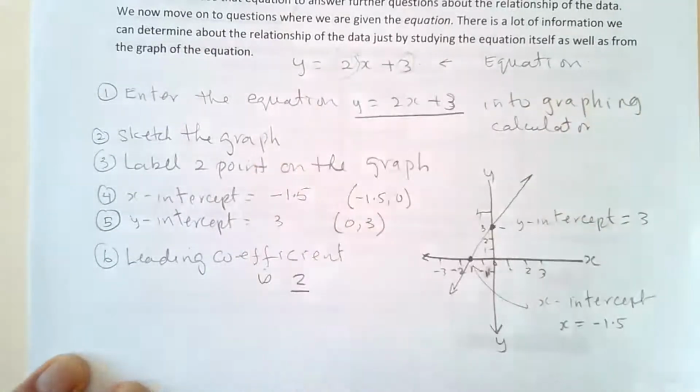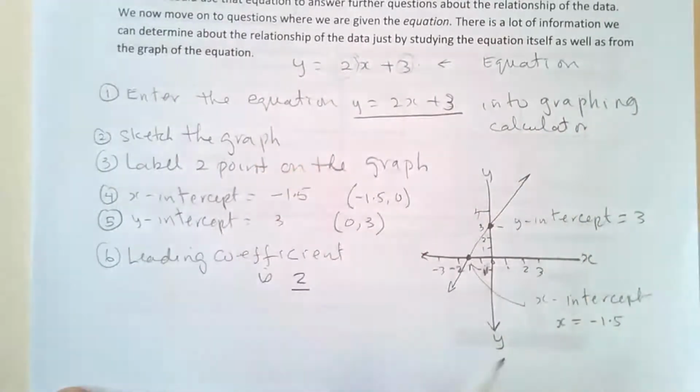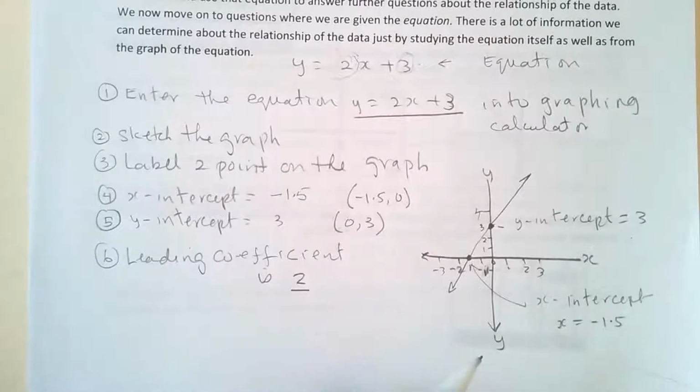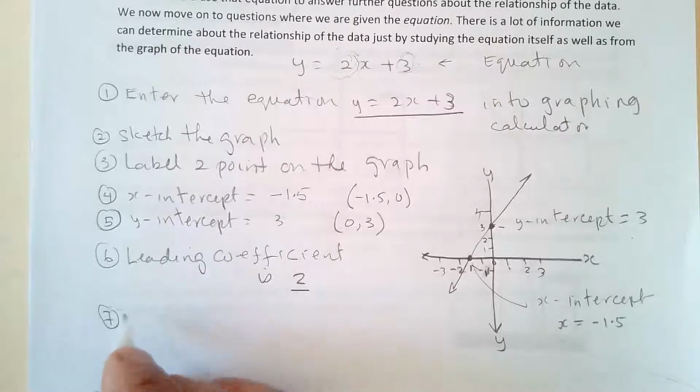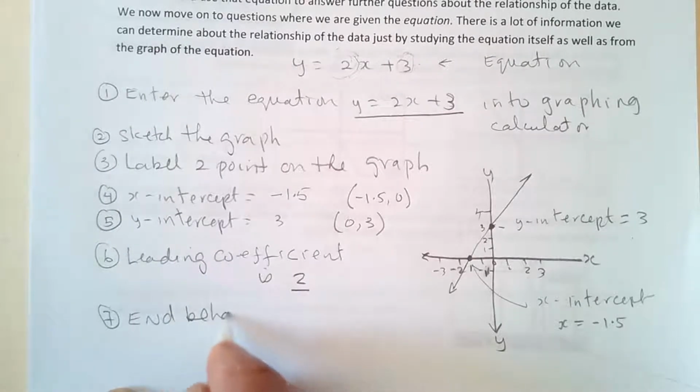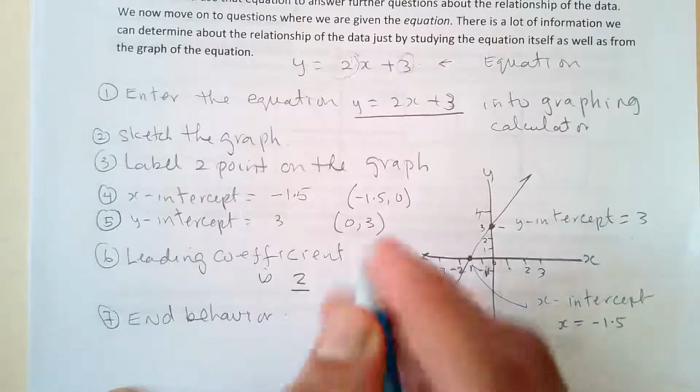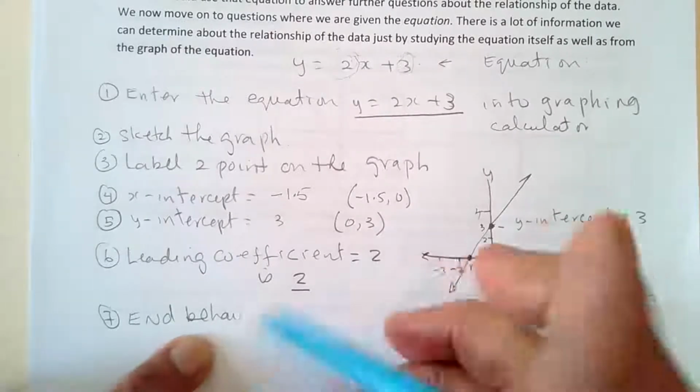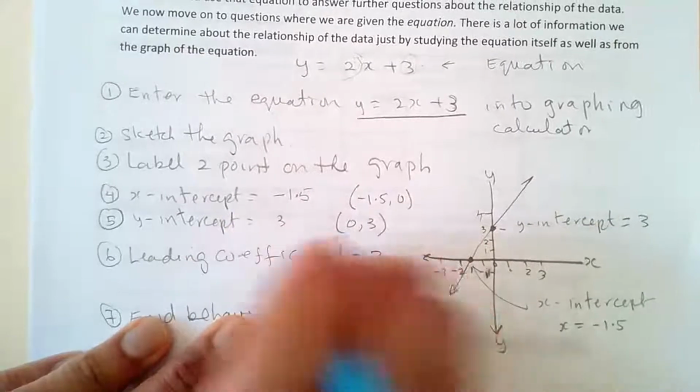So that's your leading coefficient. It's the value in front of the x. Now, the end behavior. Let's look at another one here. End behavior. So I put 2 here so we get the same line.